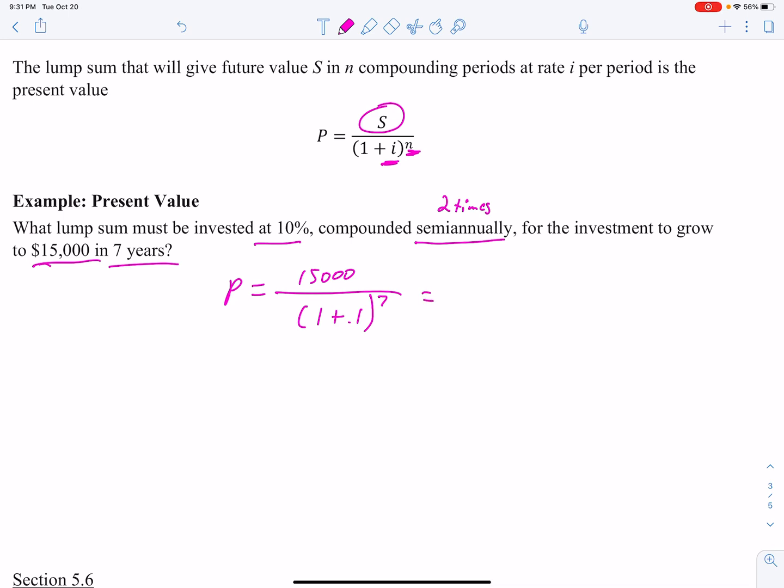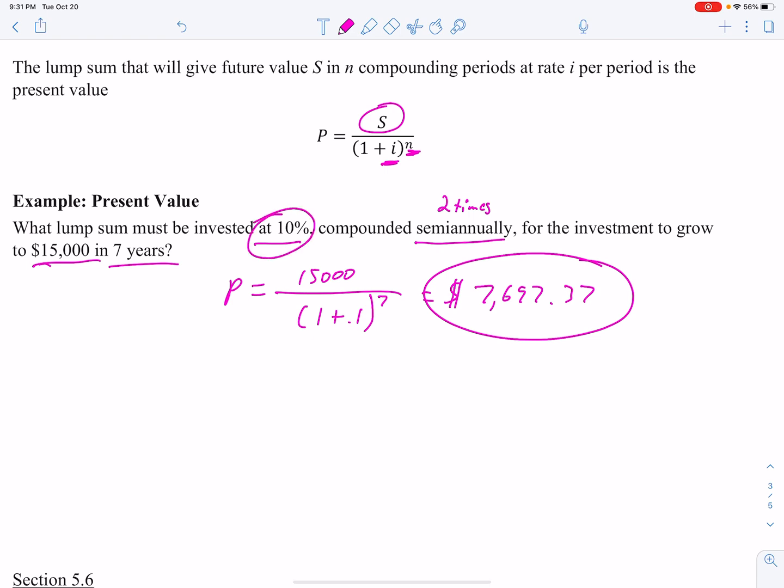If you punch all that in correctly, you'll get $7,697.37. That's how much money you have to put in at 10% compounded semi-annually for the investment to grow to $15,000 in 7 years.